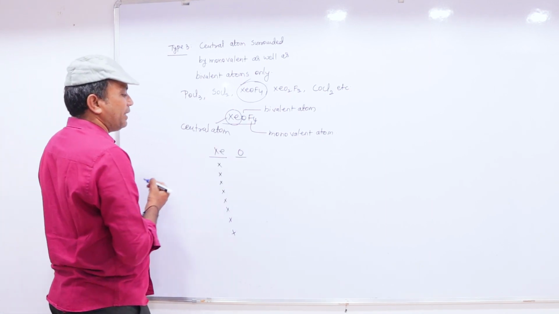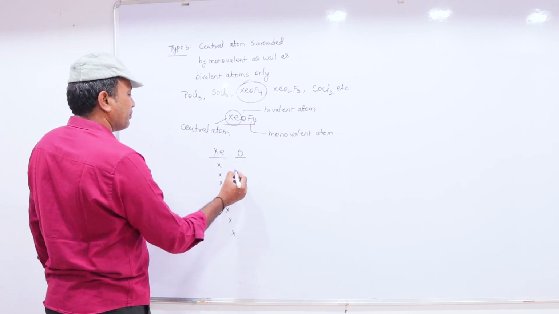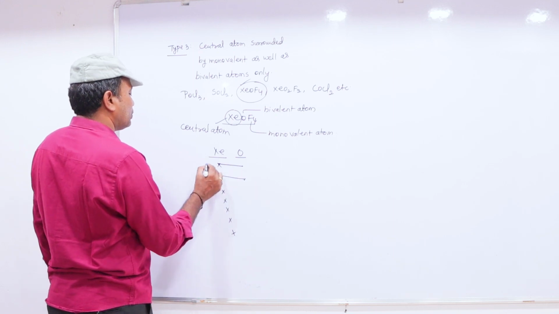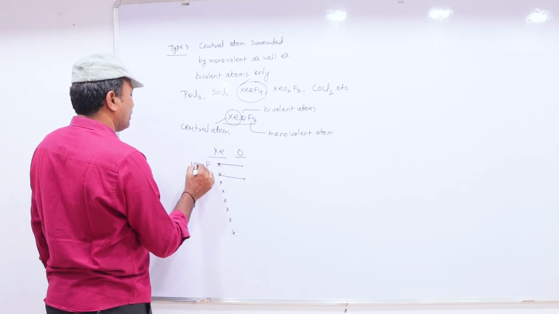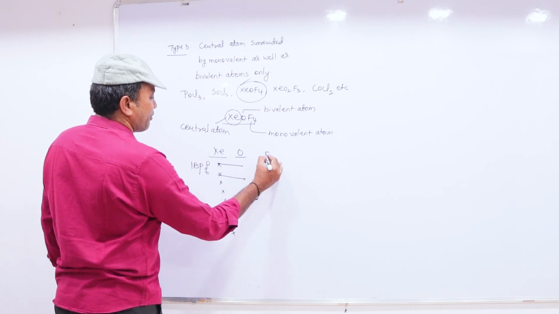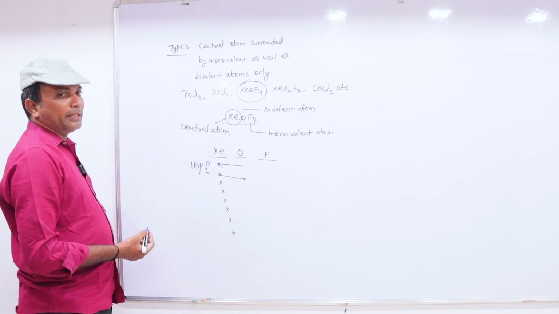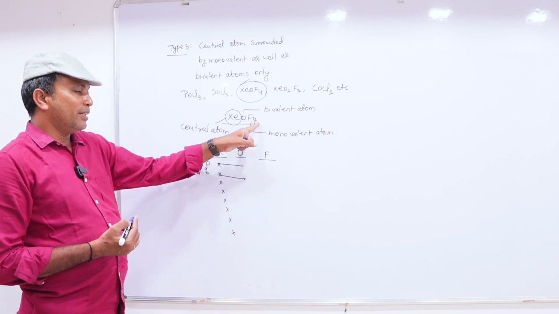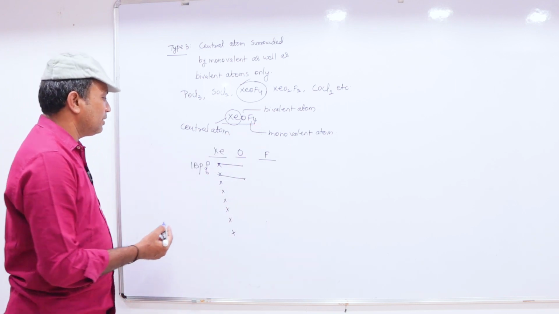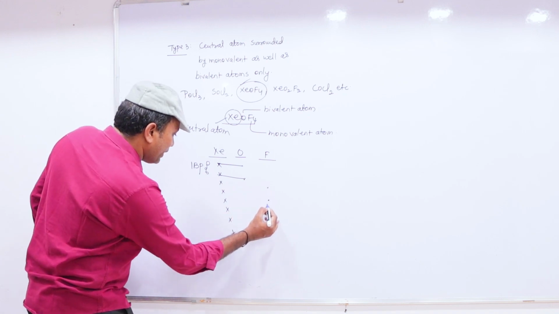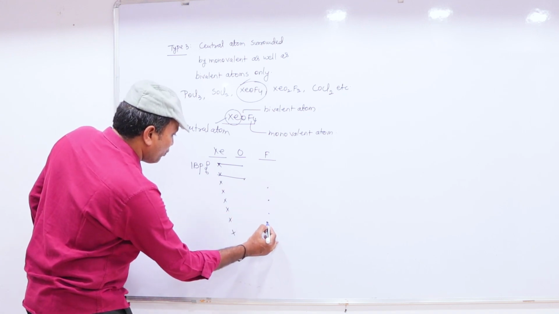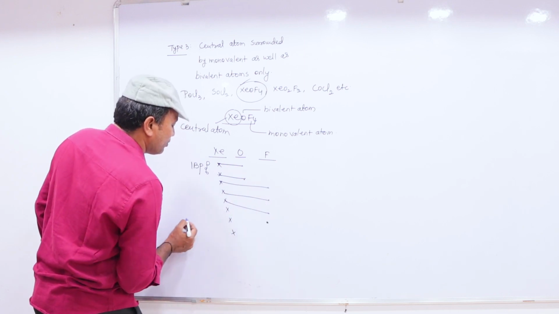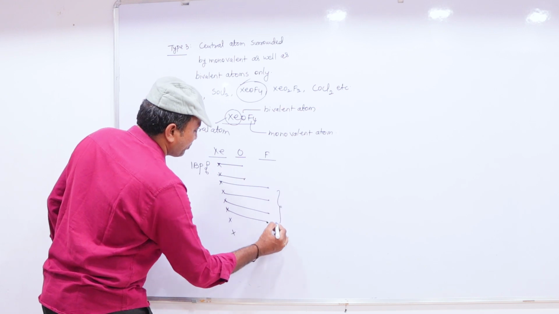Oxygen is the bivalent atom, so for each bivalent atom we use 2 electrons, that is 1 bond pair. F is a monovalent atom, and each uses 1 electron. Because 4 monovalent atoms are there, we use 4 electrons from 4 fluorines. This is 1 bond pair, this is 1 bond pair, this is 1 bond pair, this is 1 bond pair.